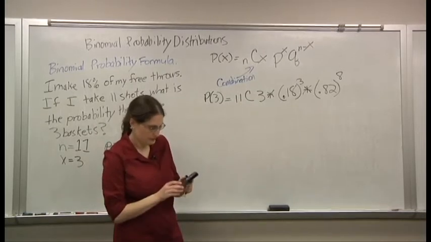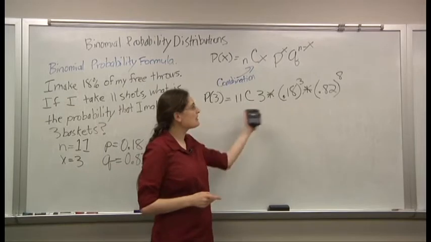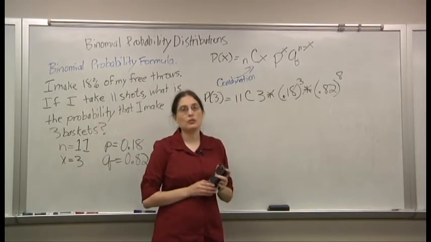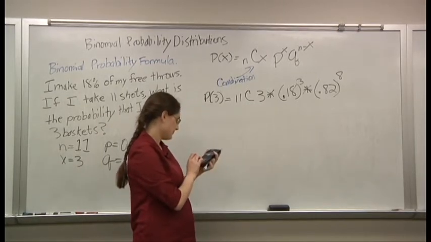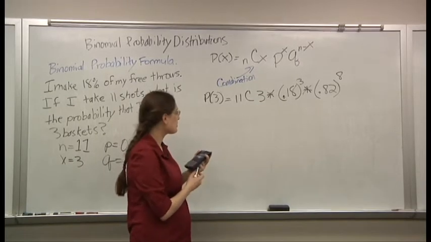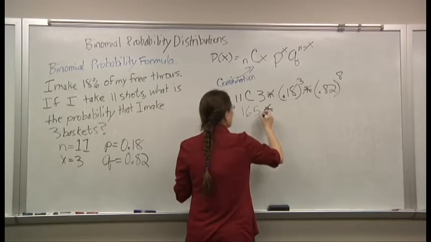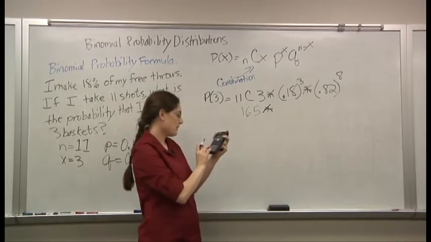Now, you can enter this as a single line on your calculator, or you can do it step by step. I'm going to do it step by step. 11 choose 3 is 165.